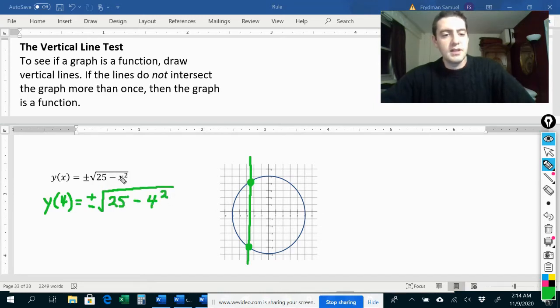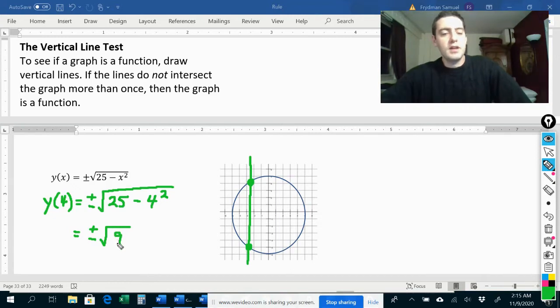So I'm just replacing the x with 4. And 4 squared is 16, 4 times 4 is 16. And 25 minus 16 is 9. So this is equal to the positive and negative square root of 9.